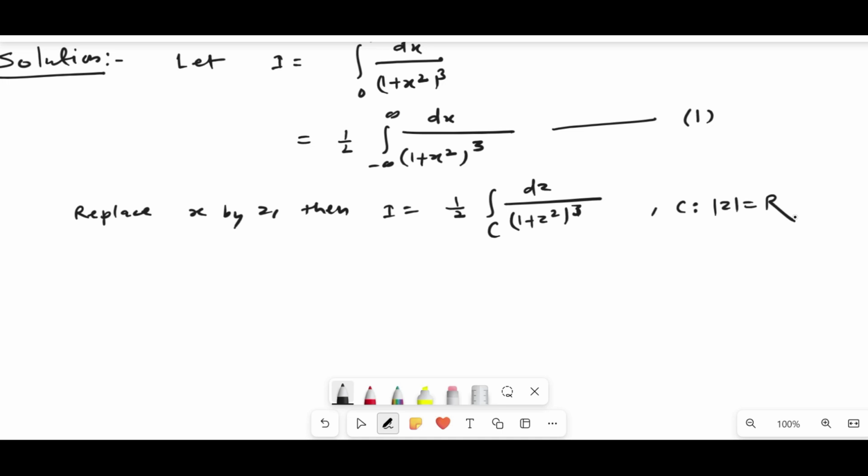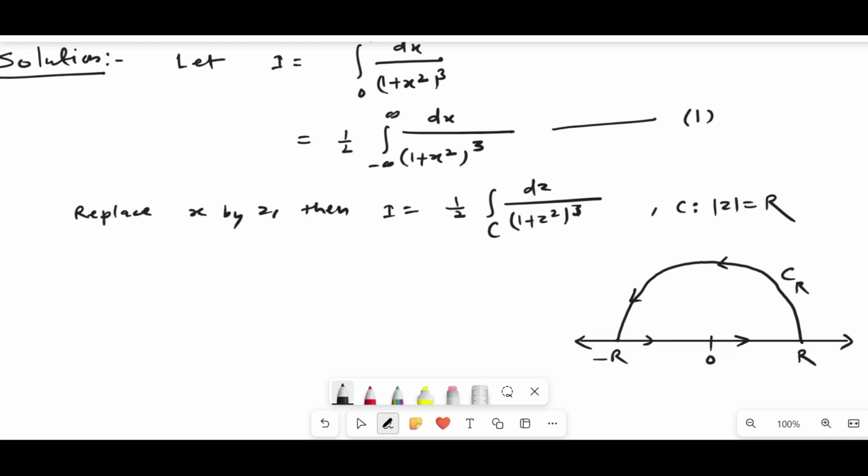So now we will draw the diagram here, that is an upper half circle, with center at 0, with r and negative r on the axis. The direction will be counterclockwise, and C is the curve having radius r.